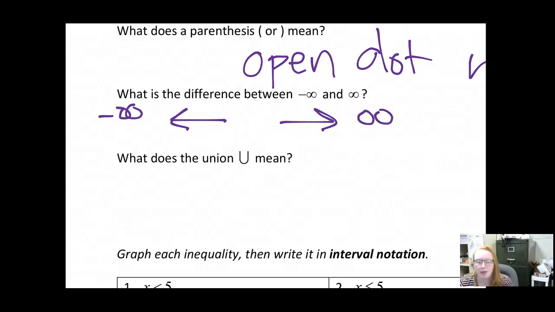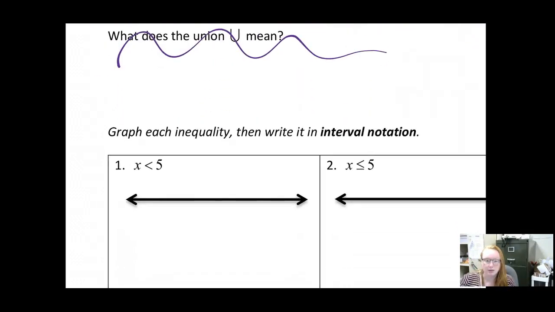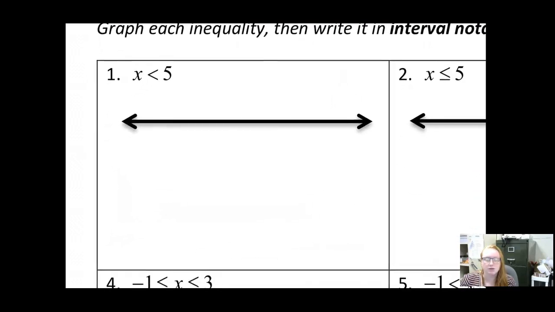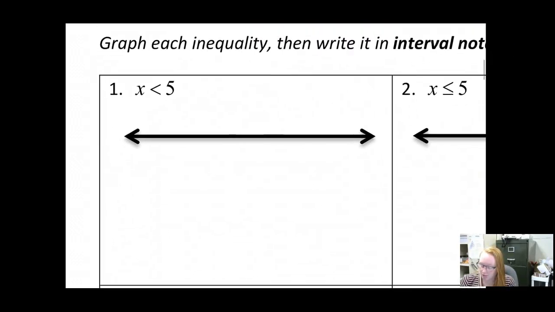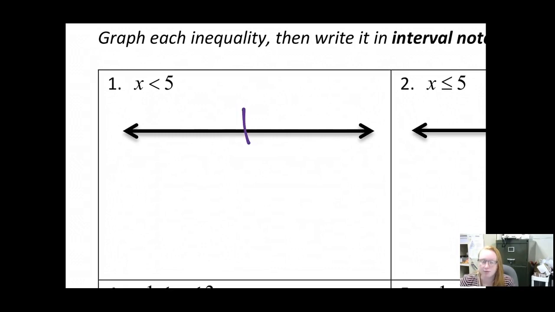Okay. We're not going to worry about union in this class. So right here, we're going to graph each inequality. Your cheater approach to this is you just put the number that you see there in the very middle.